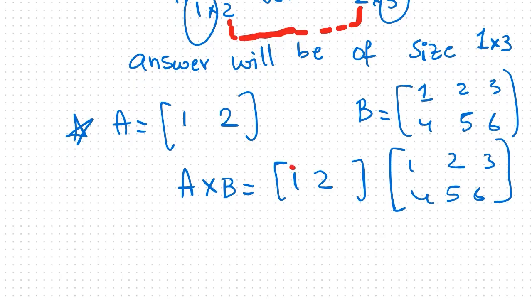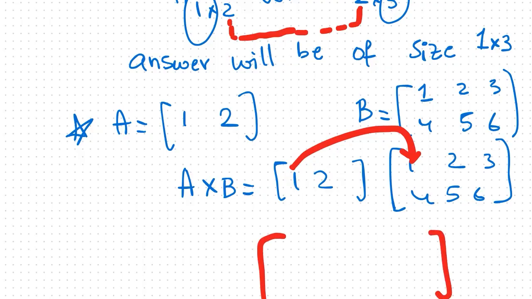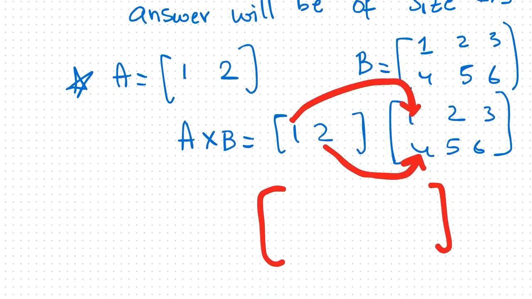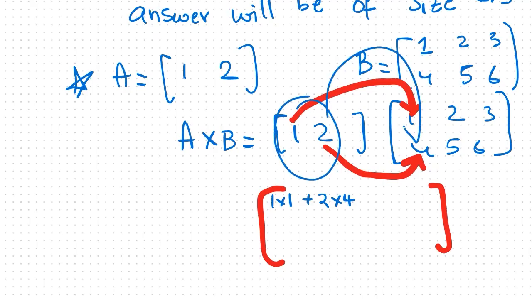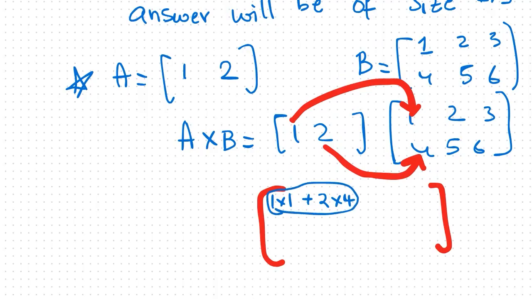So first element in the first matrix multiplies with 1, plus 2 into 4. So row with the column: 1 into 1 plus 2 into 4. Row with column vertically. This is the first element in the answer.